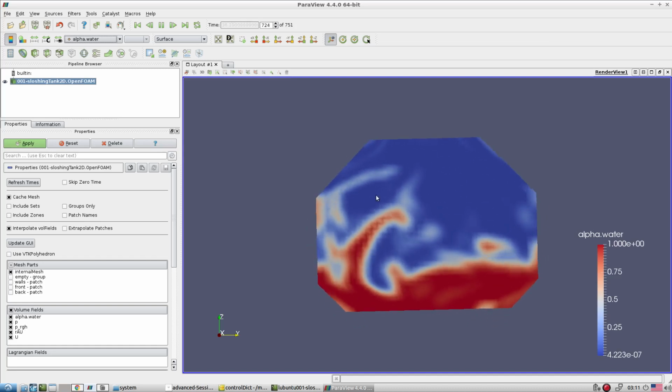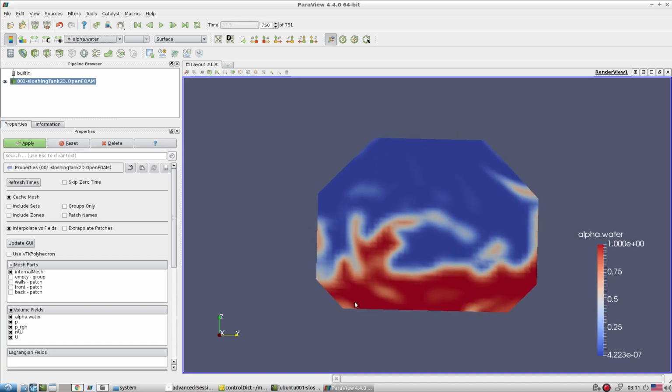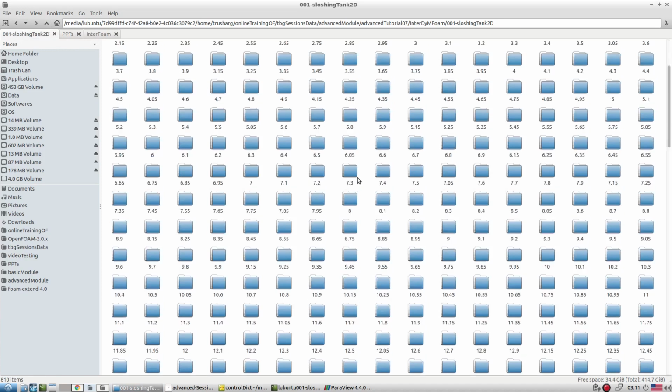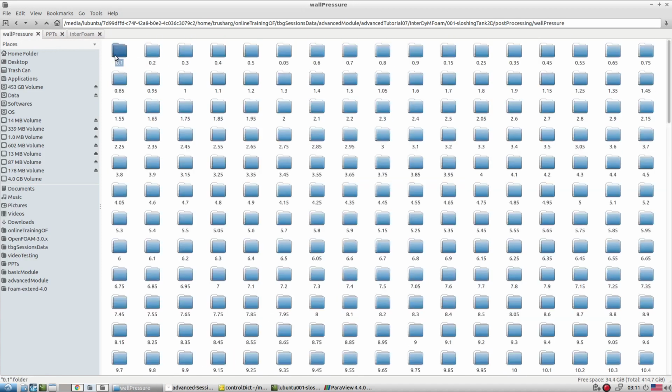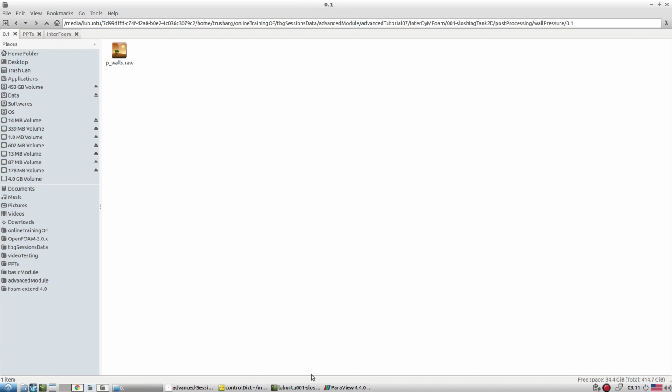And when it is moving, we can see what the pressure loading and everything is on its wall. So let's go towards the post-processing area. If you look here, this is the wall pressure, and we have raw data as the wall pressure.